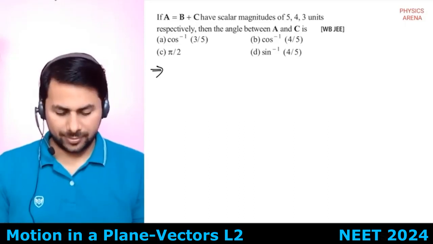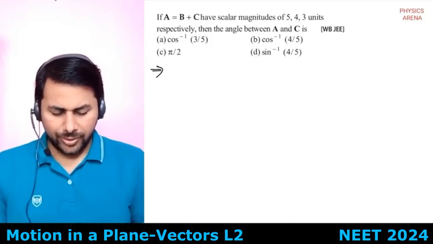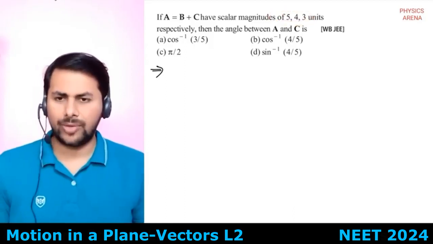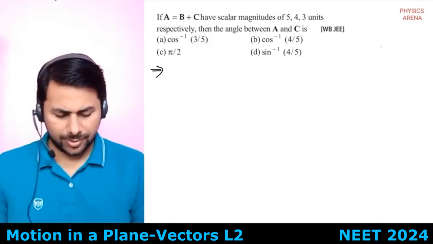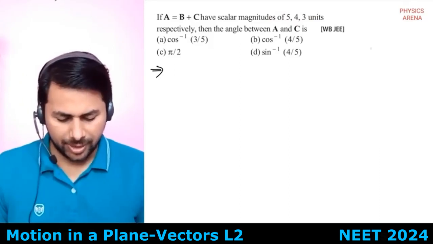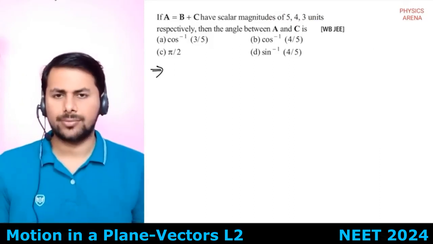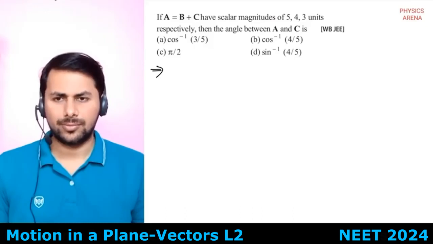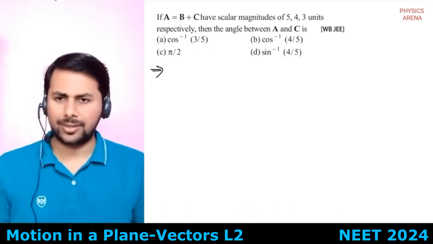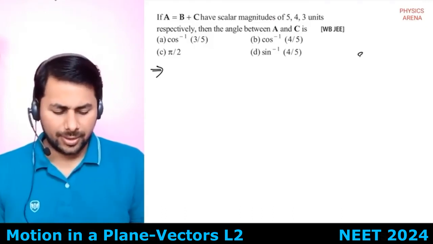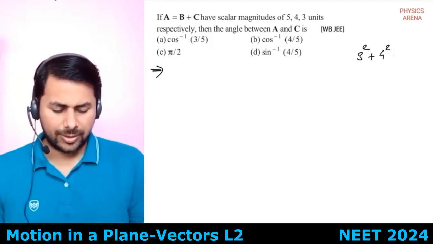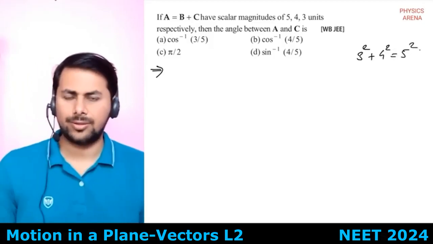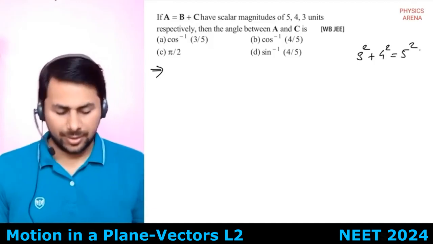So do you know this pair 3, 4, 5? Is there something special about this pair? Triangle, sir. Right angle triangle. Right, you get a right angle, right? So 3 square plus 4 square is equal to 5 square, right?